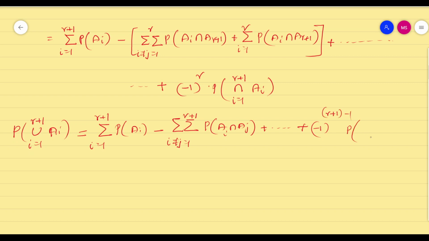So P of the intersection, i running from 1 to r+1, of A_i.